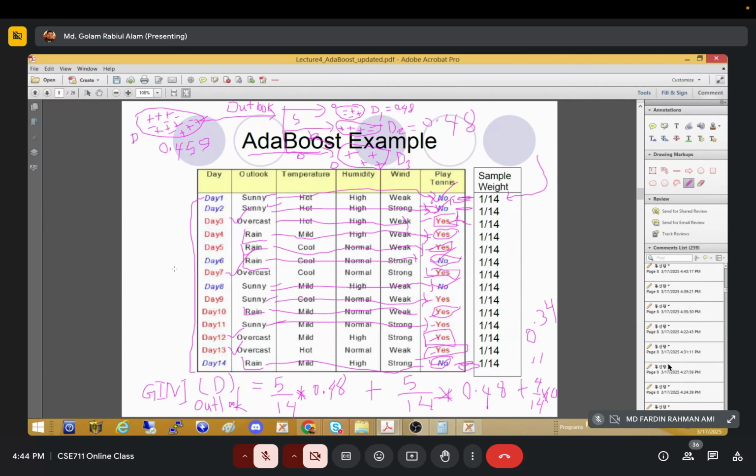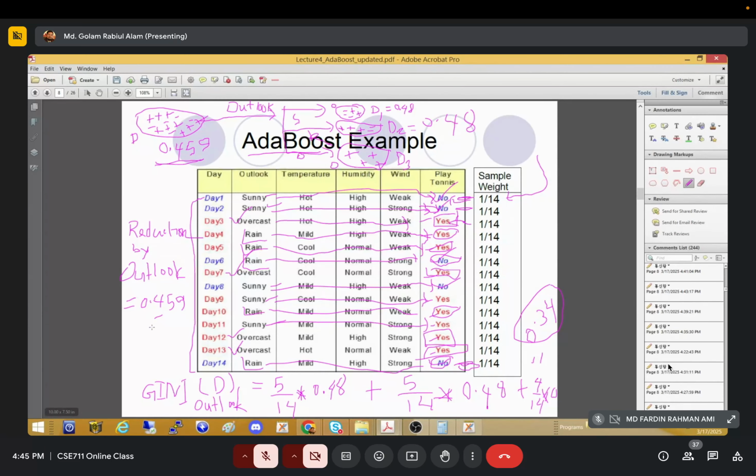Now we have to find out the reduction of impurity by outlook. So our Gini of the original data set was 0.459, minus, if we split using the outlook, the induced Gini, which will be 0.34.